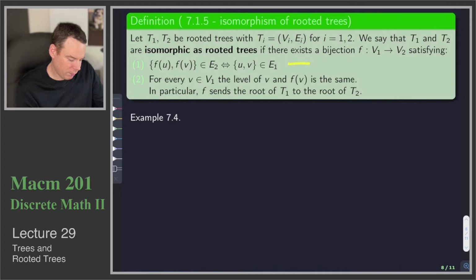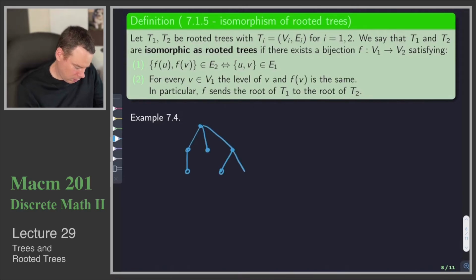So that's just graph isomorphism. That's all this first part is. The second part is the isomorphic as rooted trees part, and that says that the corresponding levels of these vertices are the same.